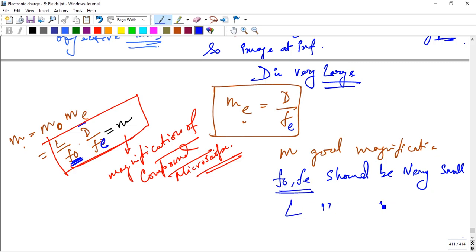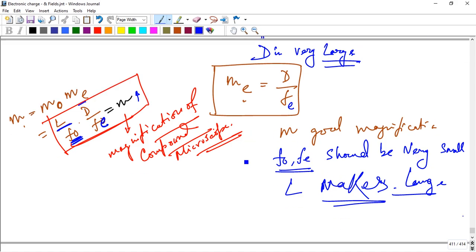If L is large, M automatically becomes higher. So for good magnification, the focal lengths of the two lenses should be small, and L should be made large. That's the compound microscope.